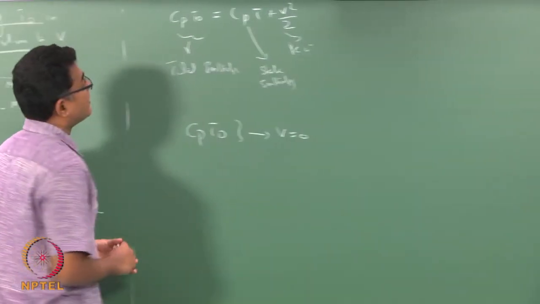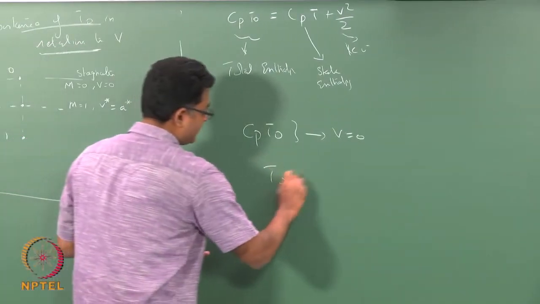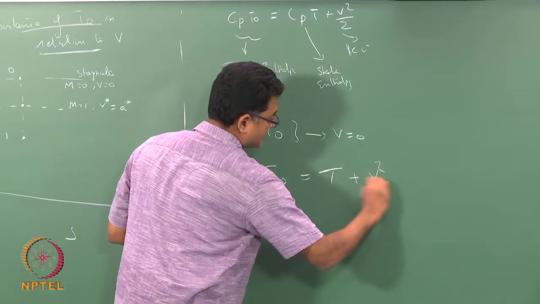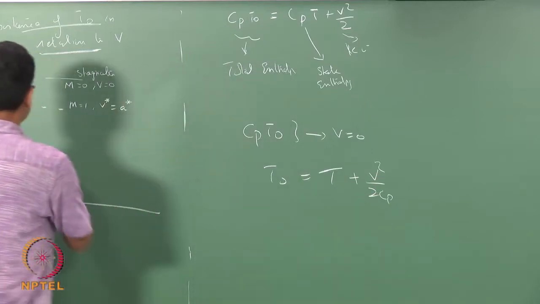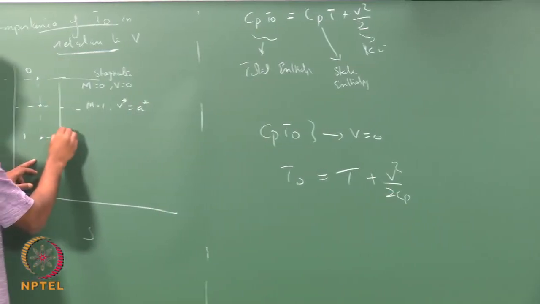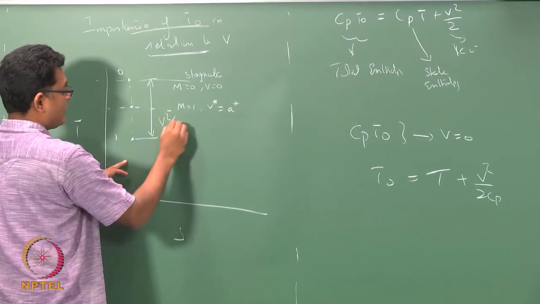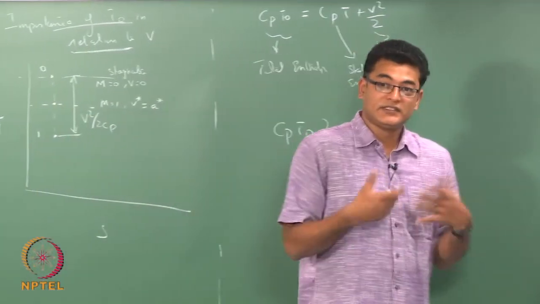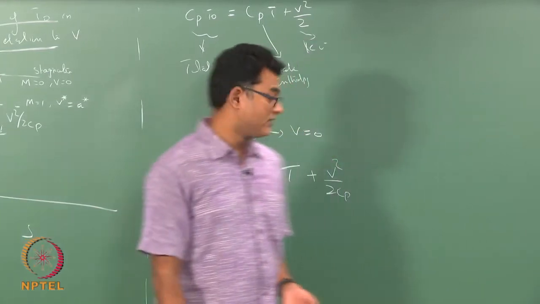Now, that is how you get this relation, where we have seen this distance to be V square by 2 Cp. Now, if the whole of the energy is converted to kinetic energy, what happens?